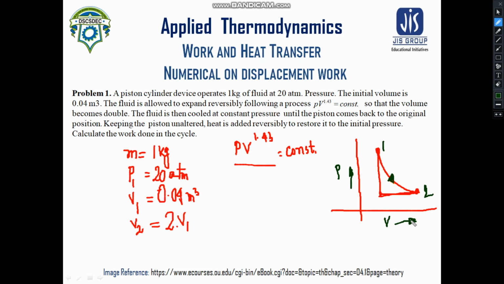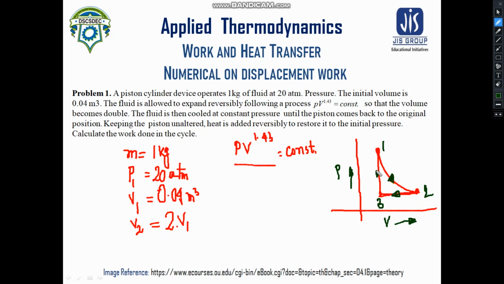Okay, so initially the initial state is referred to by point 1, then the volume becomes double, so it refers to the state 2, and after that what happens? The fluid is cooled at constant pressure. So that means from this state 2 the fluid comes to the state 3, and then afterwards heat is added reversibly.